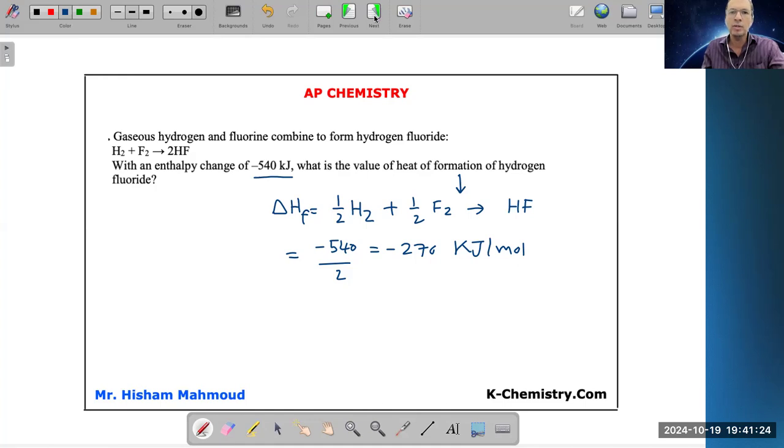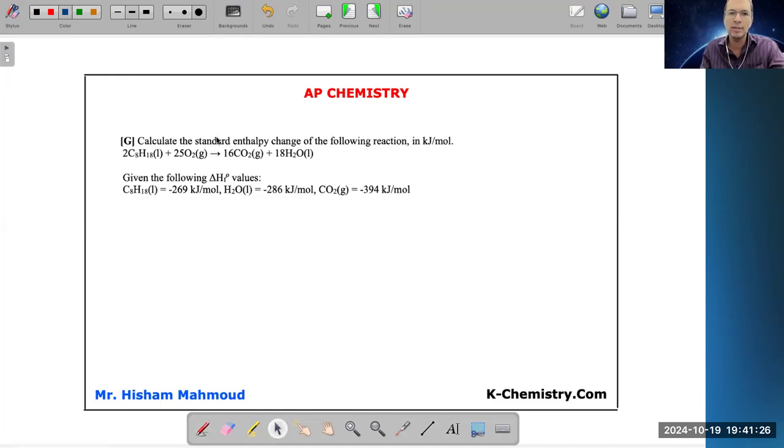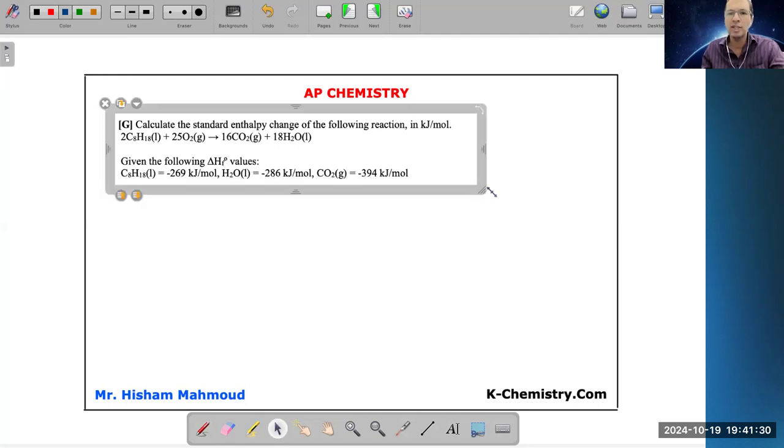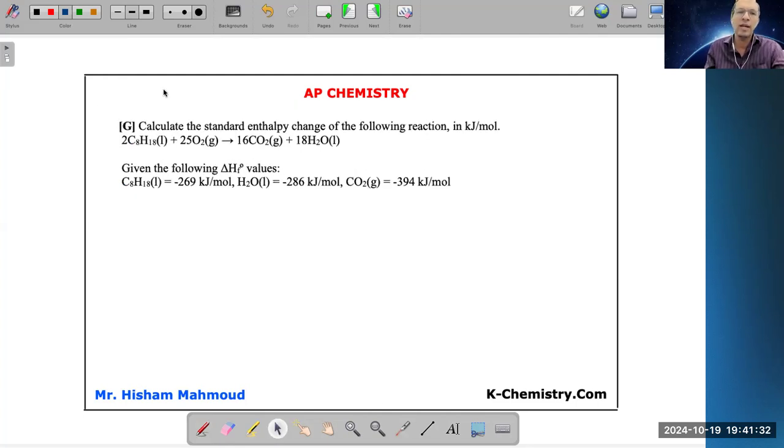Okay, Abdullah, we need to see how we can do the next one. Calculate the standard enthalpy of the following reaction, and we have the delta H values. So what is my rule? How to find the delta H of the reaction? It's equal to what, Abdullah? Products minus reactants or reactants minus products? Is it products minus reactants or reactants minus products?